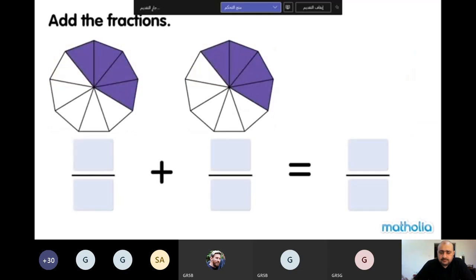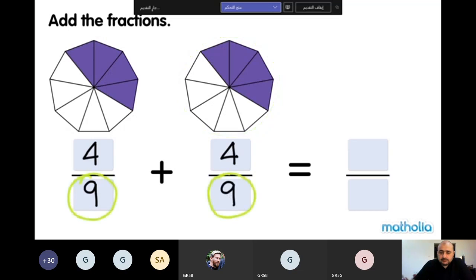Add the fractions. In this shape, there are 9 equal parts and 4 parts are shaded. 4 ninths are shaded. In this shape, there are also 9 equal parts with 4 parts shaded. 4 ninths are shaded. Let's add the fractions.